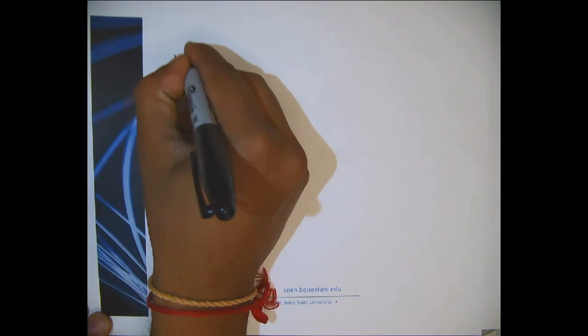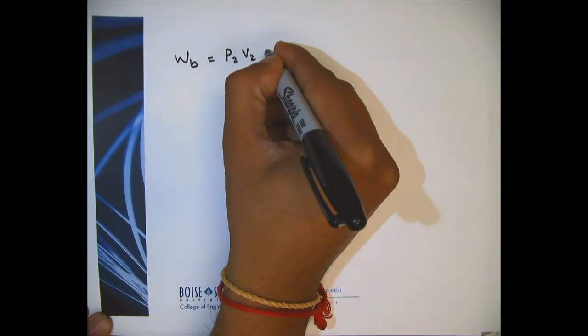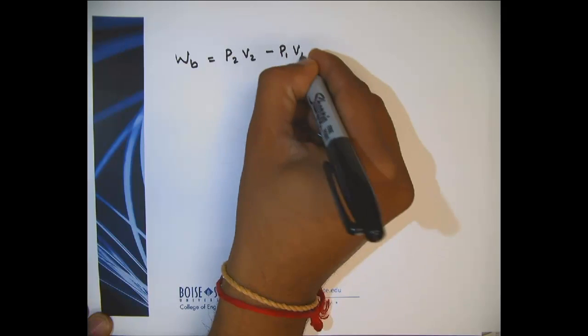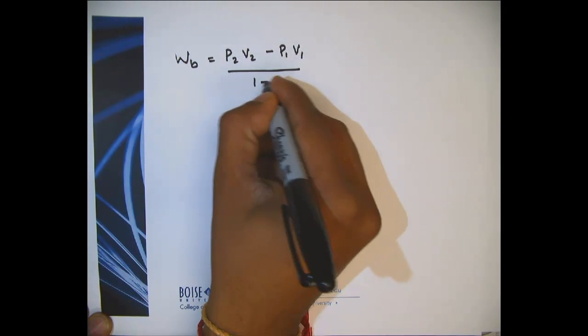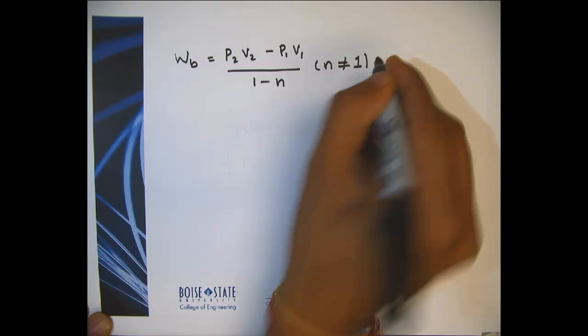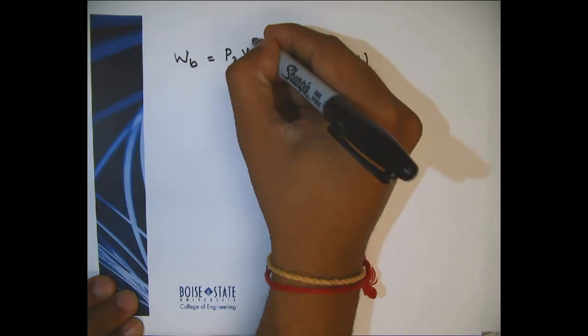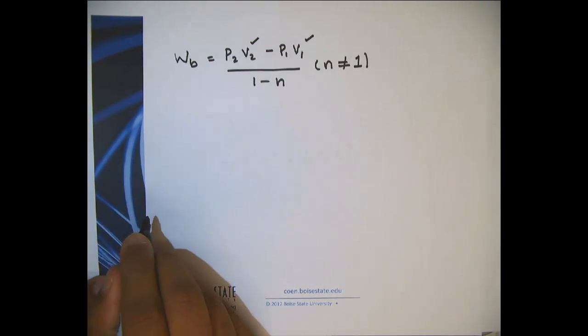So work done for a polytropic process is P2V2 minus P1V1 over 1 minus n, where n is not equal to 1. However, in this, we really don't know V2 and V1.